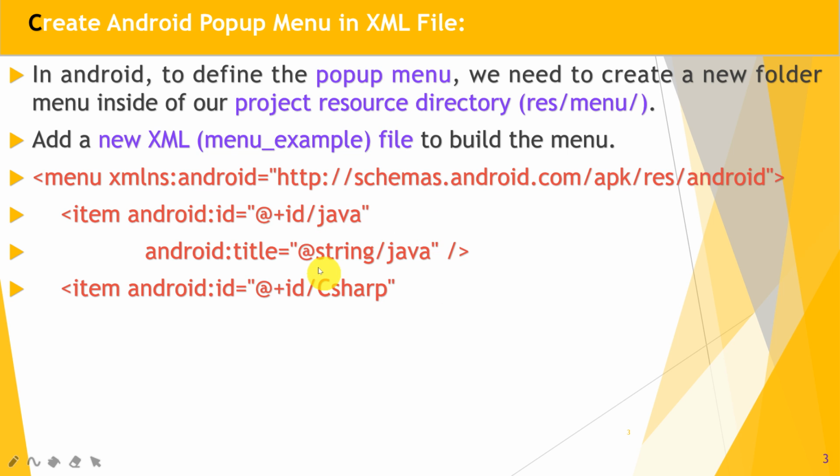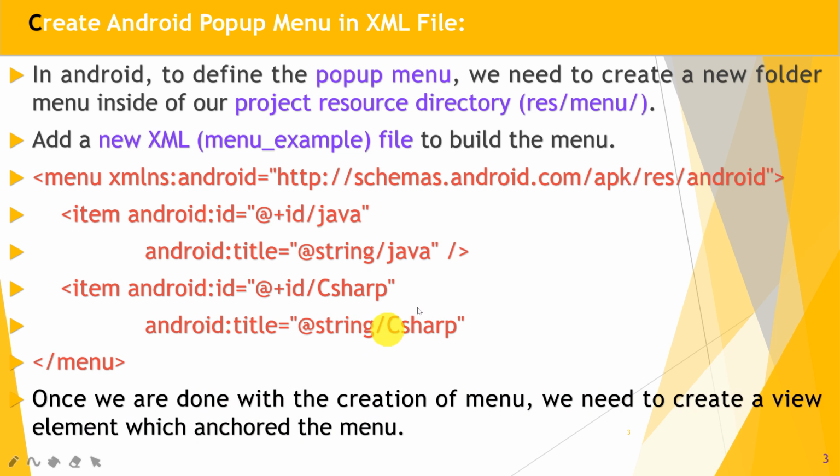When you click on the button, the pop-up menu automatically shows in an upward or downward direction and gives the download Java, C# or similar options. So we create menu items like Java, C#, C++, Android, all these languages, and a download button is created. When we click on the download button, this pop-up menu list is displayed automatically.